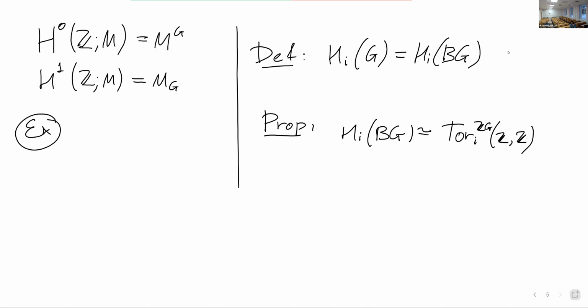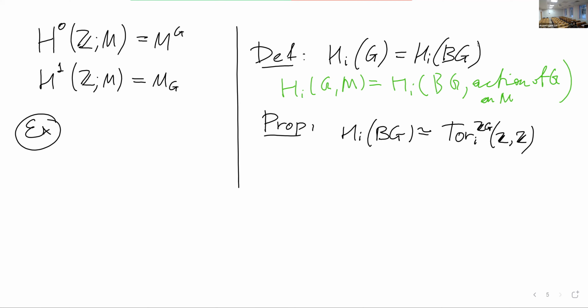Okay, so let me write it down. We have BG, EG, G. So what is the local system?